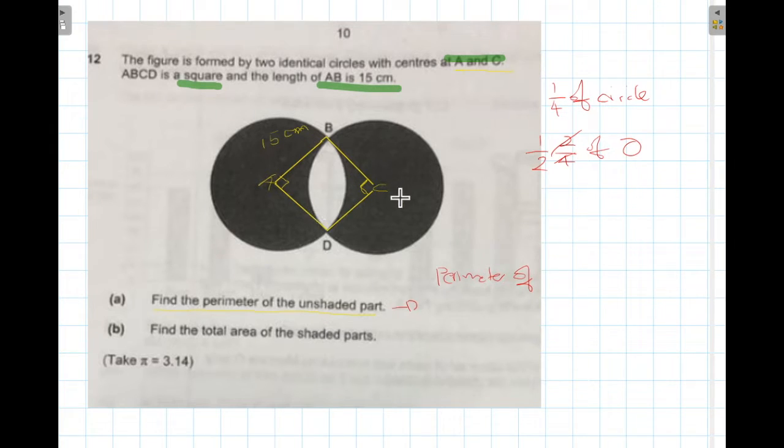It's actually half of a circle, because half times 2 pi r. Correct or not? The perimeter of a circle is 2 pi r. So now it's only half of it, because there's this one quarter and this one quarter. One quarter add one quarter becomes 2 over 4, so it's actually half of a circle.